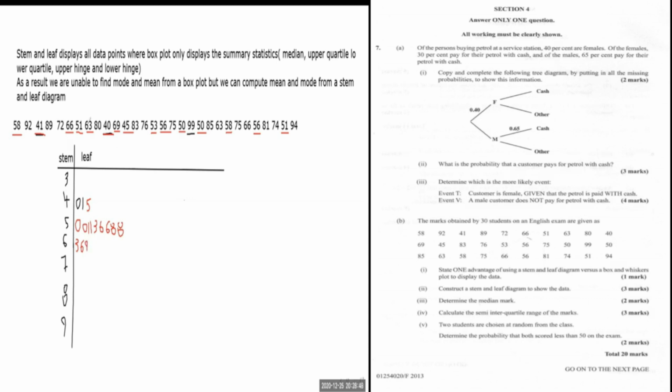Going into the 70s, going into the 70s. Now we see a 72. And this is a 74.